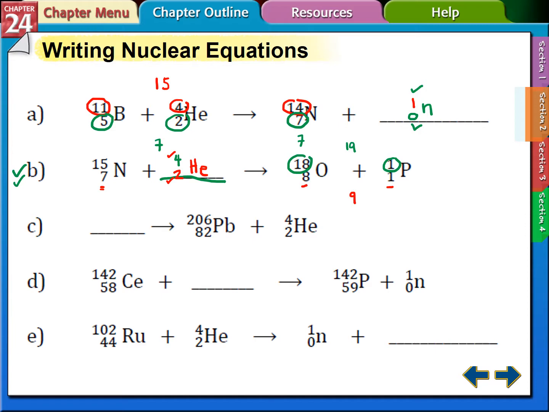Alright, so let's check. We have 15 plus 4, that's equal to 19. And 18 plus 1, that's also equal to 19. We have 7 plus 2, that's equal to 9. And we have 8 plus 1, that is also equal to 9.